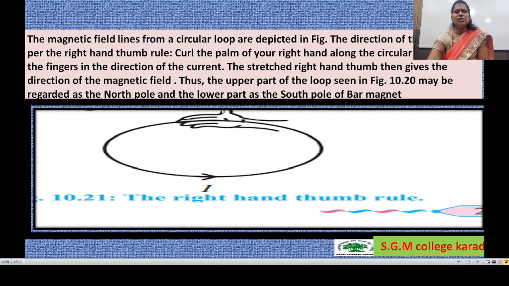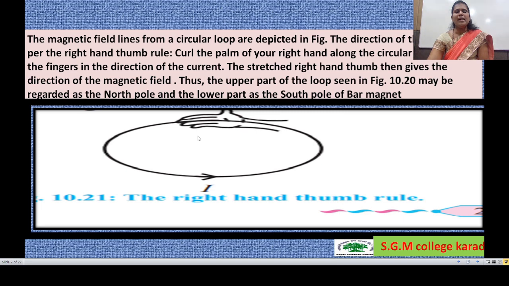Here is the stretched right hand thumb, which gives the direction of the magnetic field, and here are the curled fingers. The upper part of the loop is regarded as the north pole and the lower part of the loop is the south pole of the bar magnet.